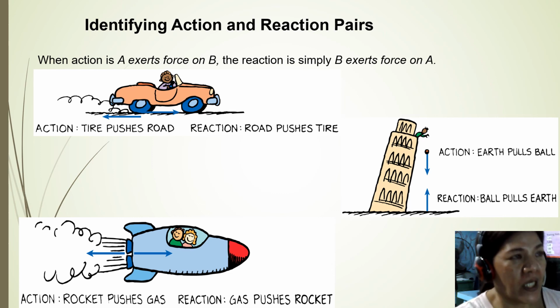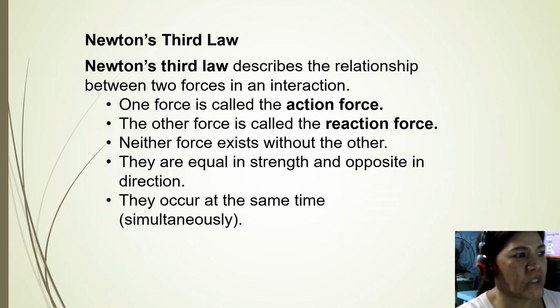That is an example for the law of interaction, which is the third law of motion. I hope it is clear, class, about the three laws of motion and how they are being used. Again, Newton's third law describes the relationship between two forces in an interaction.